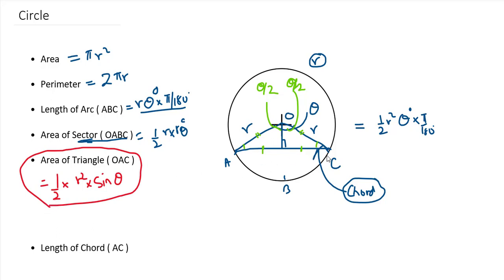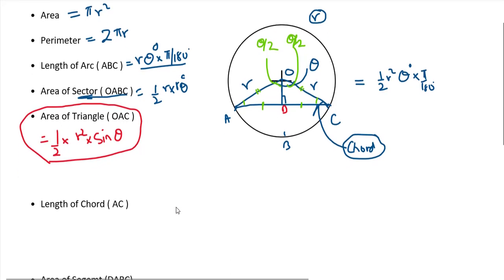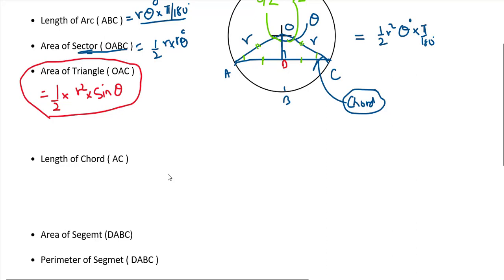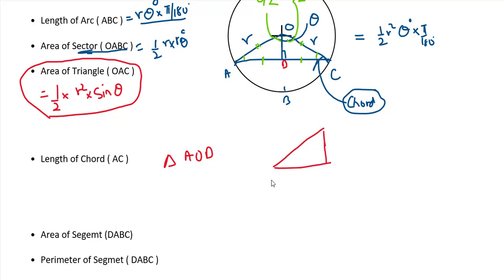Now what is the length of the chord AC? For that, let this point be D. If we consider this triangle AOD, I'll just redraw the figure over here. So this is A, this is O, and this is D. This angle is 90 degrees, this is r.